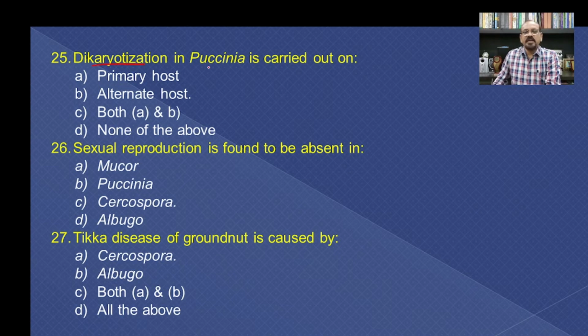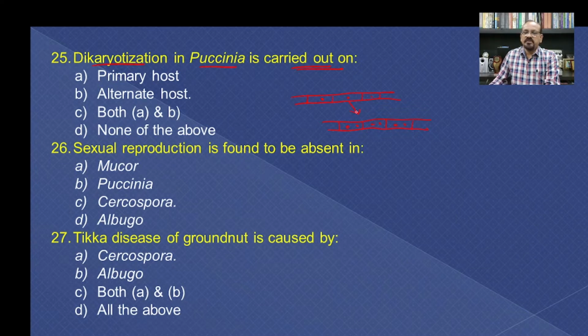Dikaryotization in Puccinia is carried out on which type of hyphae present in Puccinia? They are of two types, having a single nucleus in each cell and two nuclei in each cell.